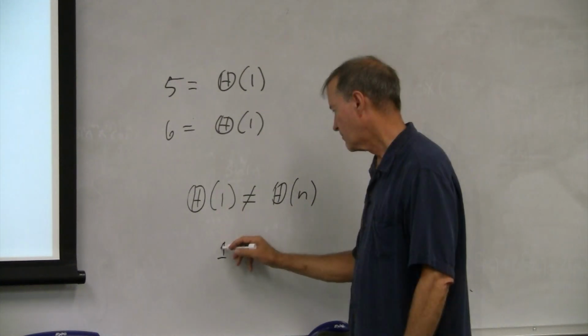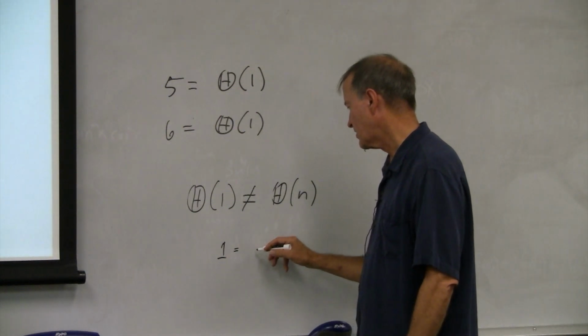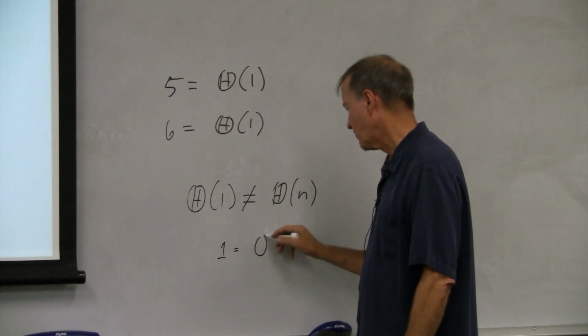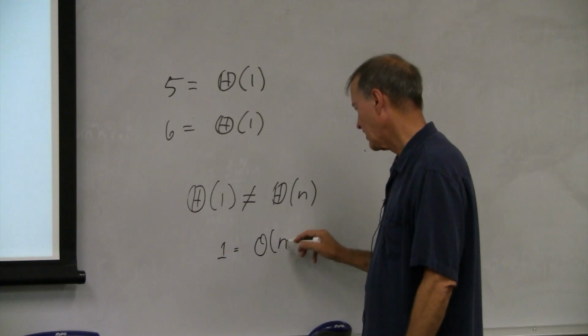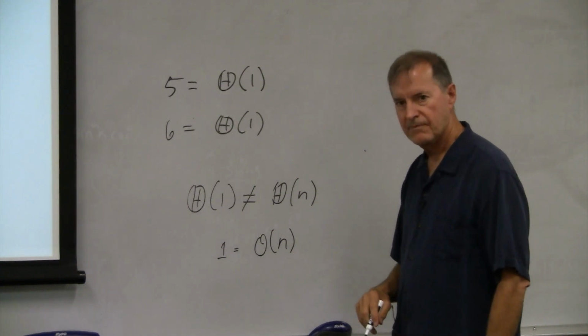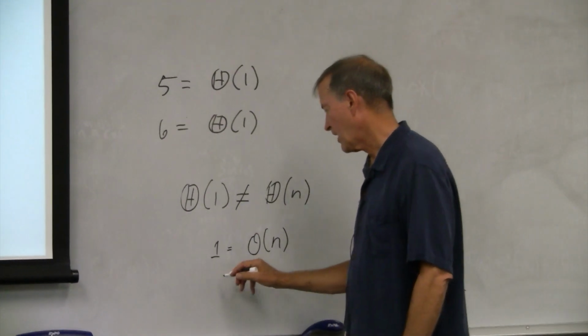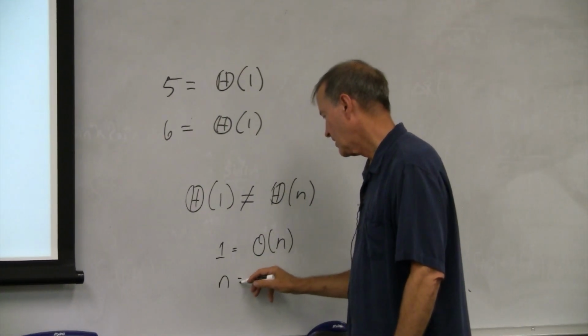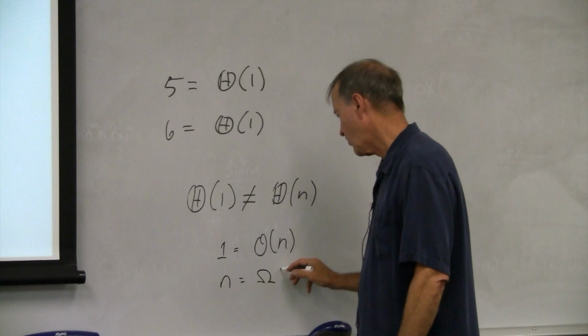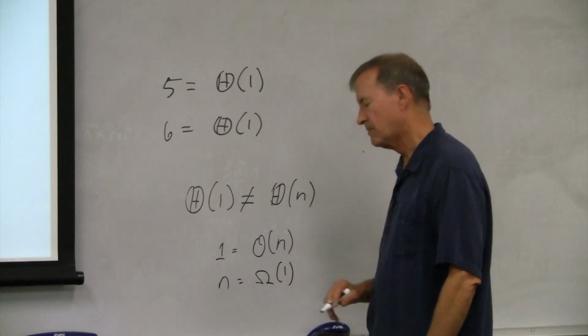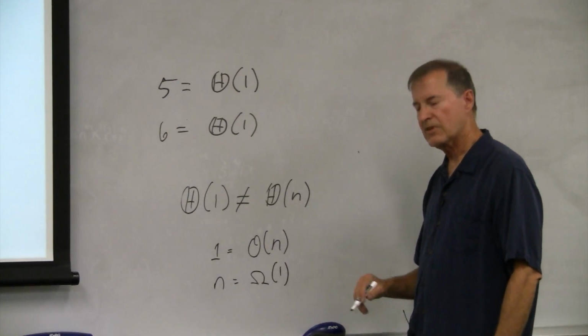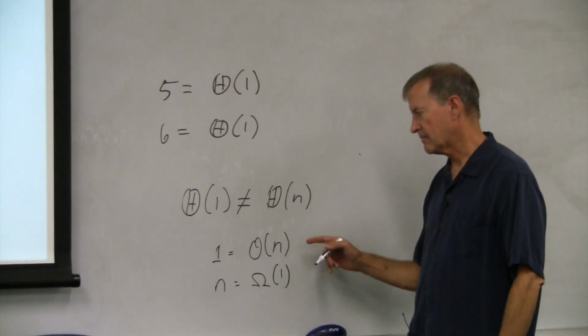It's better. 1 is bounded above by n, and furthermore, n is bounded below by 1. So they're not the same.